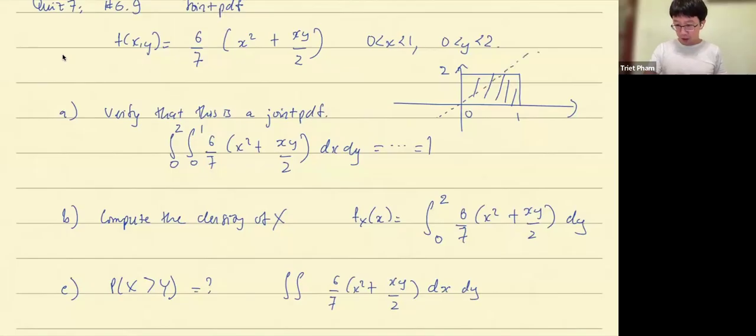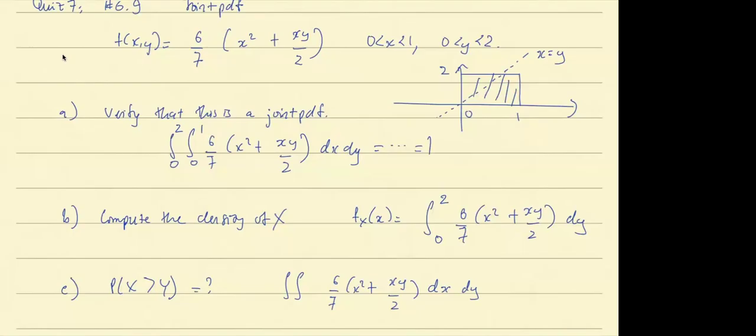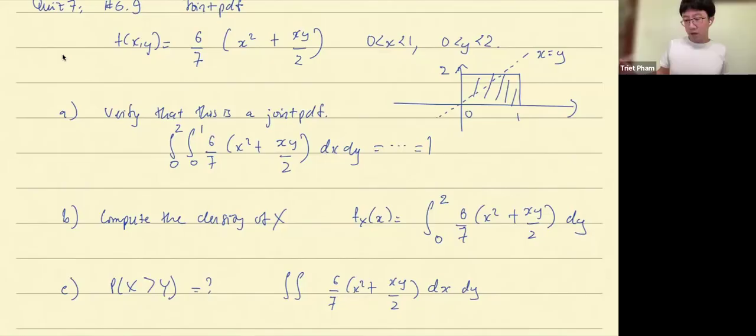Probably not here. So this is the line x equals y. So x bigger than y is this region. Any preference? dx dy should be easier, right? Easier in the sense that you don't have to split the integral into two different integrals.